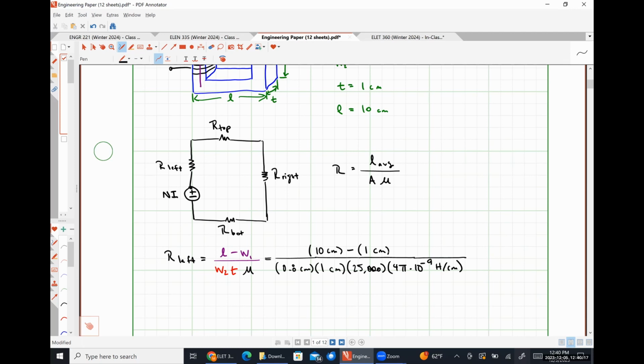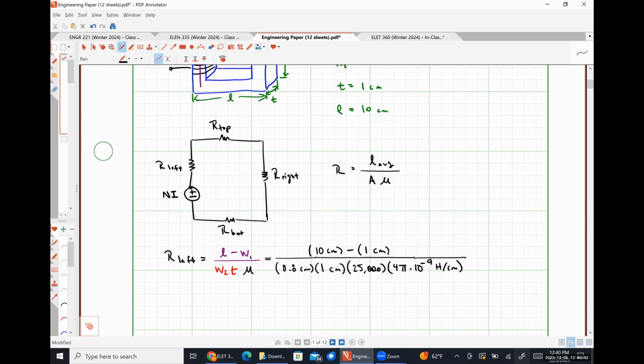In the denominator, we have centimeters squared times henries per centimeter, which is going to look like henries times centimeters, right? So we have centimeters over henries times centimeters. So it's going to look like 1 over a henry.